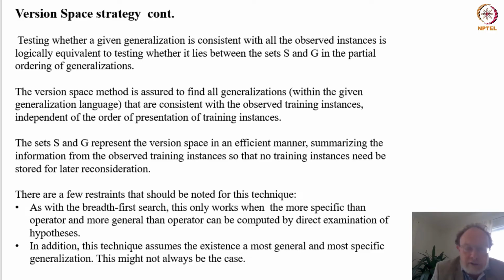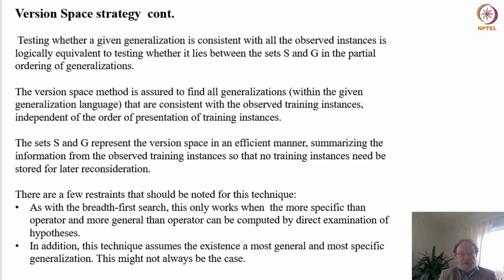But in this case, it doesn't matter. Also, the sets S and G represent the version space in an efficient manner, summarizing the information from the observed training so that no training instances need to be stored for later reconsideration. As you remember from the depth first and breadth first, there is a need to store the training instances for further inspection.